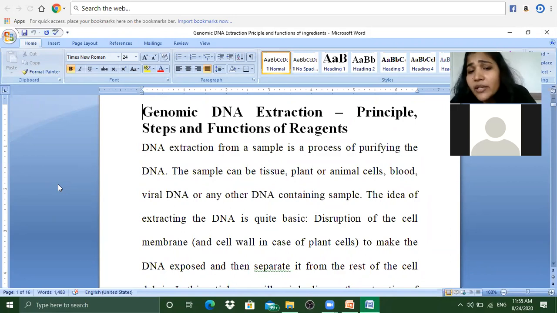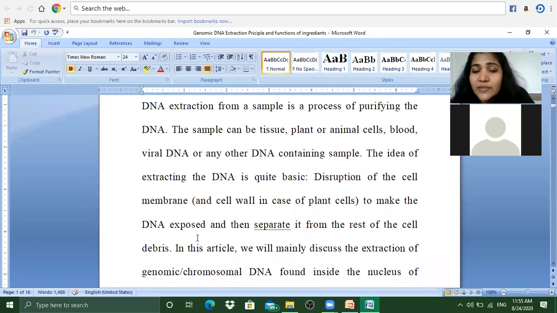The sample can be tissue, plant or animal cell, blood, viral DNA, or any other DNA-containing sample. The idea of extracting the DNA is quite basic, right? Destruction of the cell membrane, and cell wall in case of plant cells, to make the DNA exposed and then separate it from the rest of the cell debris.